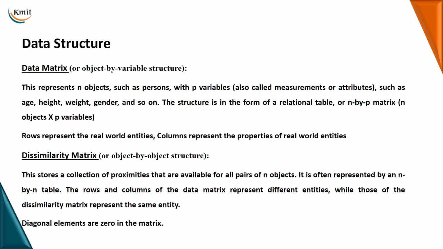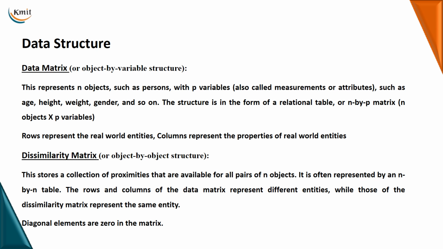Your rows represent real world entities and your columns represent the properties of those real world entities. For example, student information is the real world entity. Now, what are the columns? The properties of the student information may contain student ID, student first name, student last name, everything. So, this is nothing but a column representation.